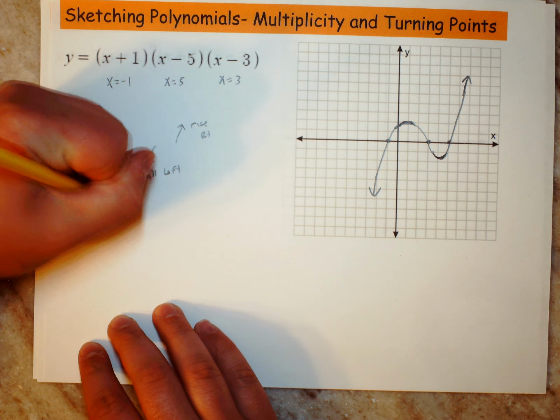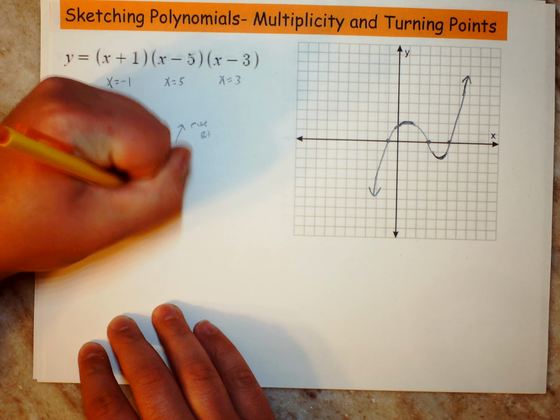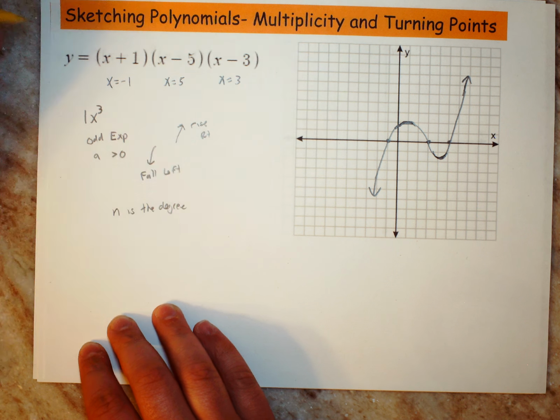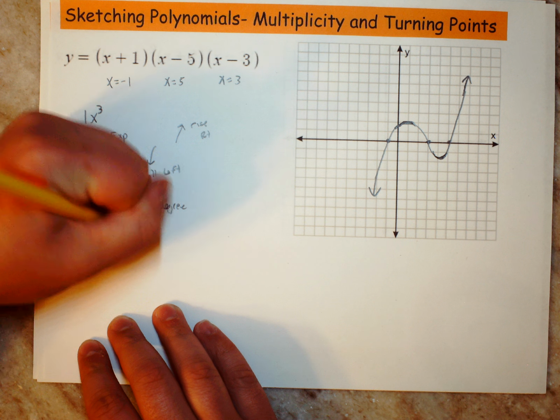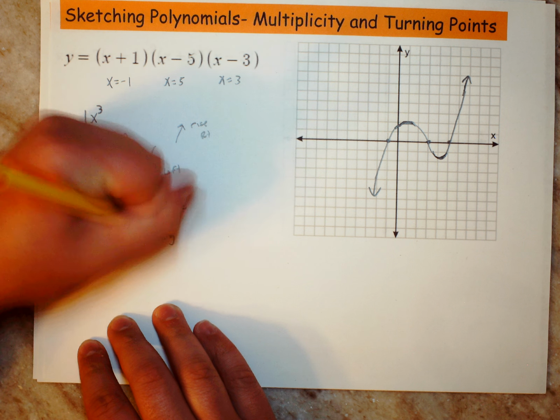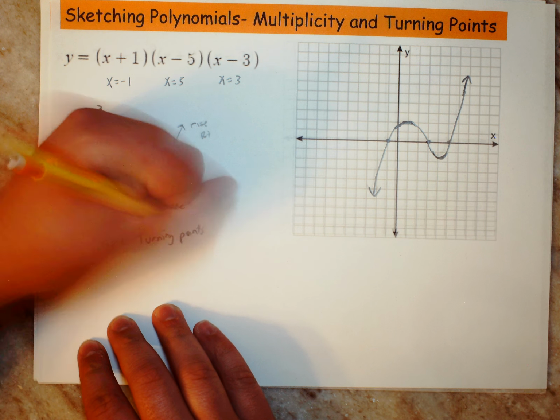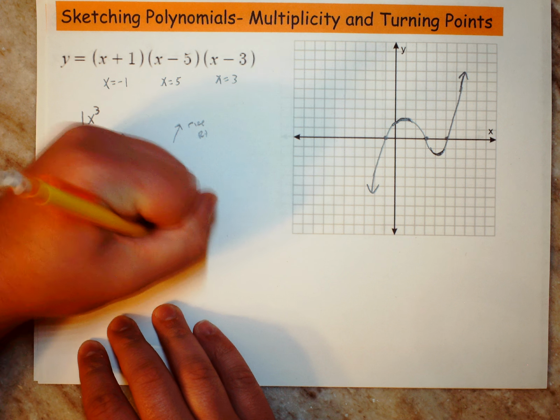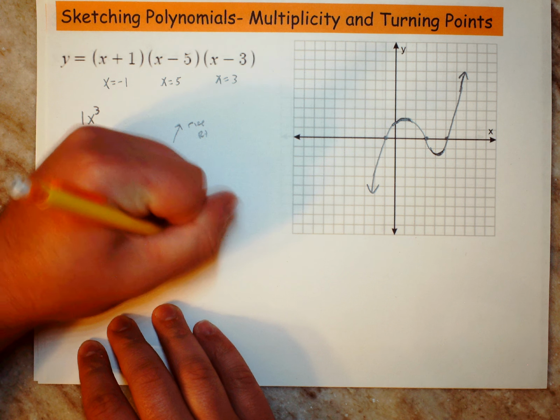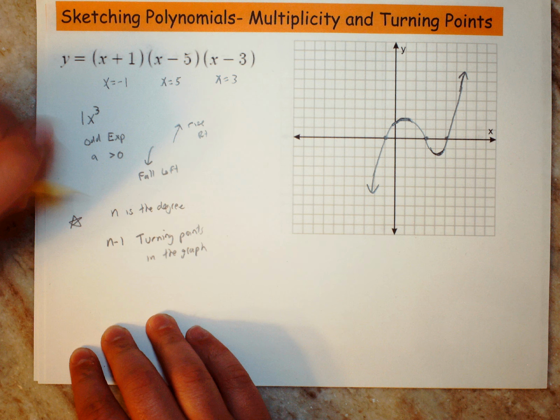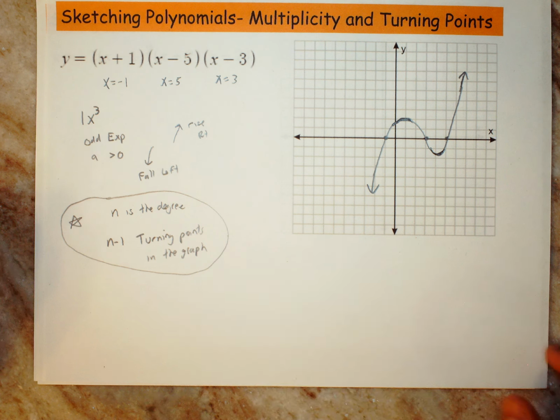If n is the degree, there are n minus 1 turning points in the graph.